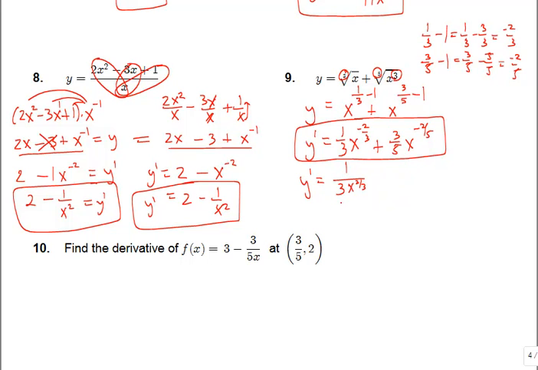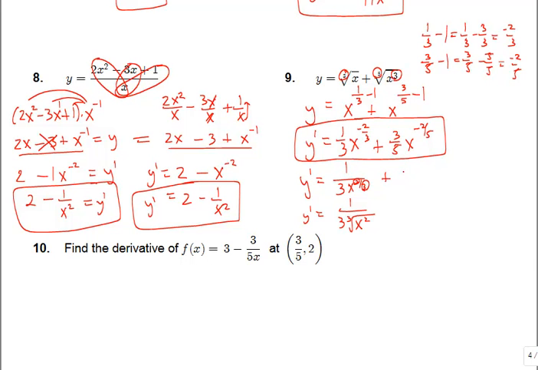Now if I change that into its radical notation, because the 3 is your denominator, that means this is a cube root, and because the 2 is your power, I'm going to put that 2 on the inside and make this an x squared. So 1/3 x to the negative 2/3 is really the same as 1/3 cube root of x squared.